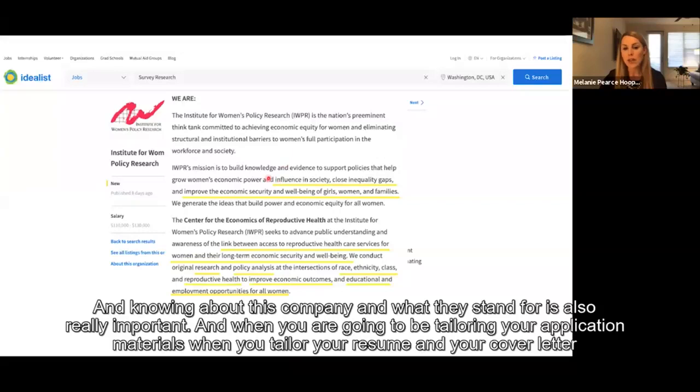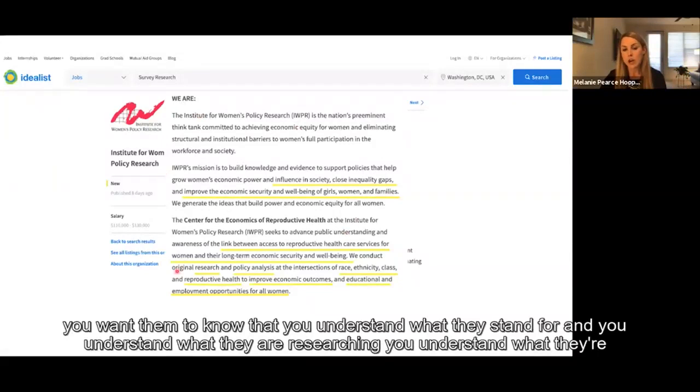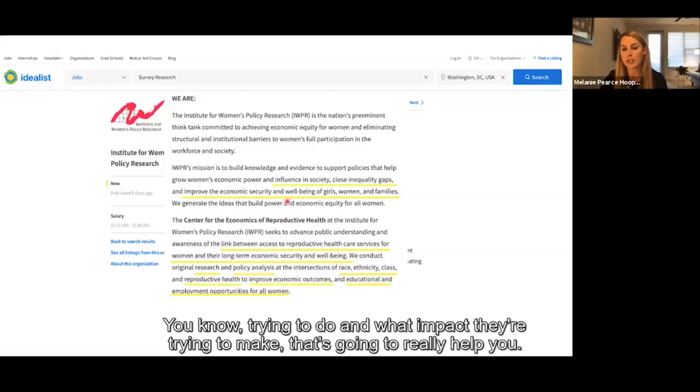And knowing about this company and what they stand for is also really important when you are going to be tailoring your application materials. When you tailor your resume and your cover letter, you want them to know that you understand what they stand for, and you understand what they are researching, you understand what they're trying to do and what impact they're trying to make. That's going to really help you.